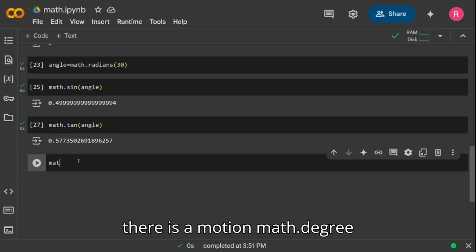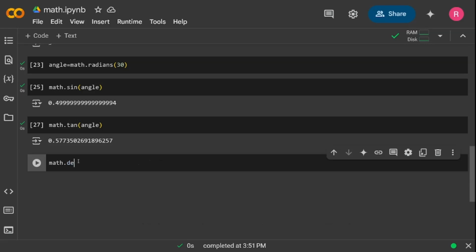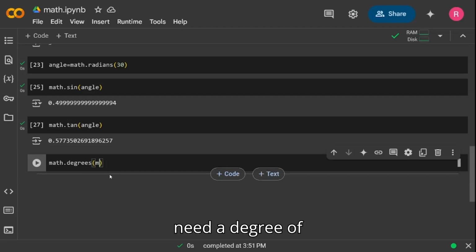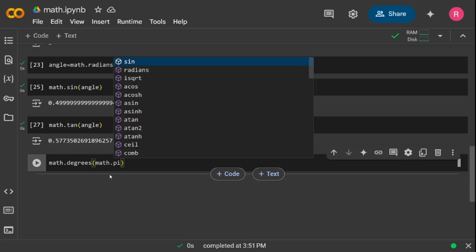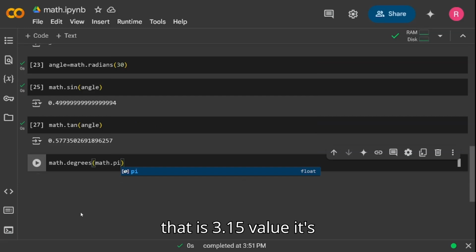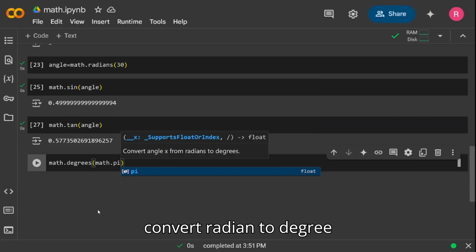There is math dot degrees. We need the degrees of math dot pi, that is the 3.14 value. It converts radians to degrees.